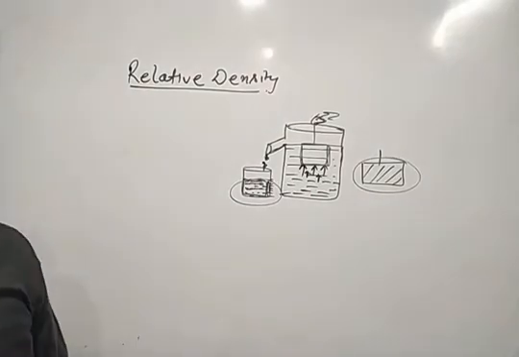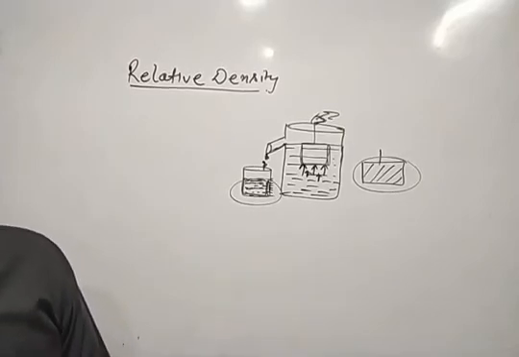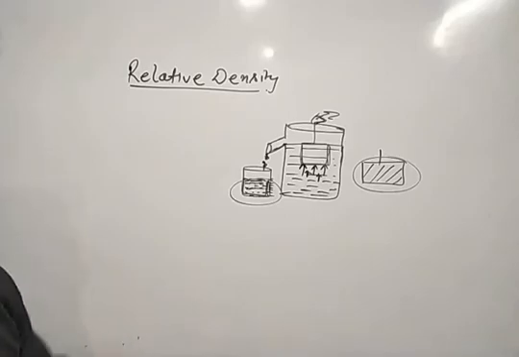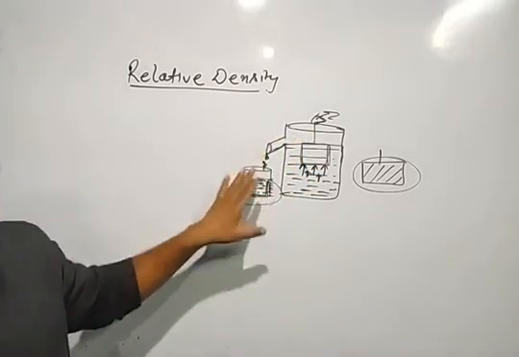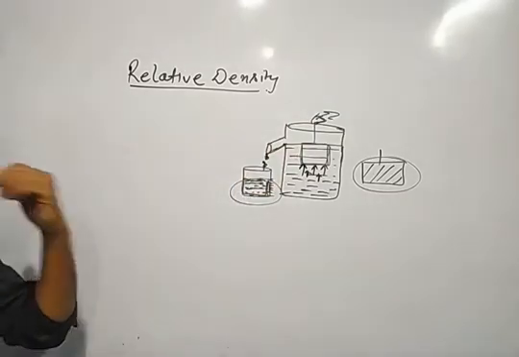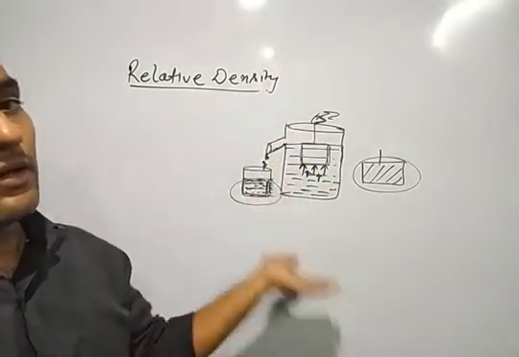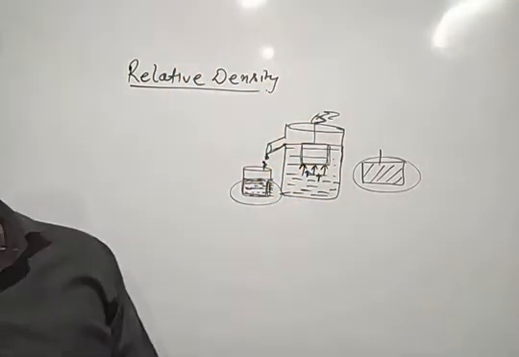Archimedes' principle states that when a body is immersed partially or completely in a liquid, it experiences an upthrust which is equal to the weight of the liquid displaced by it. Weight of the liquid displaced by the object, that much is the upthrust force which will affect the object. Upthrust force means a force applied in the opposite direction, that is upward.